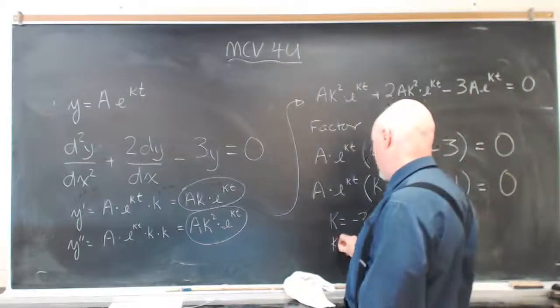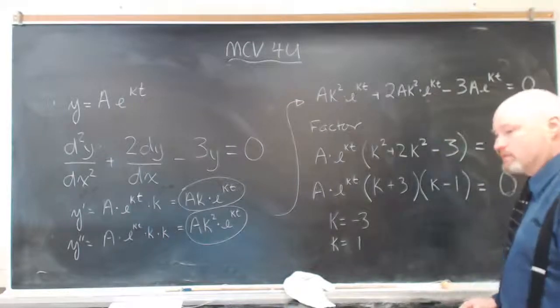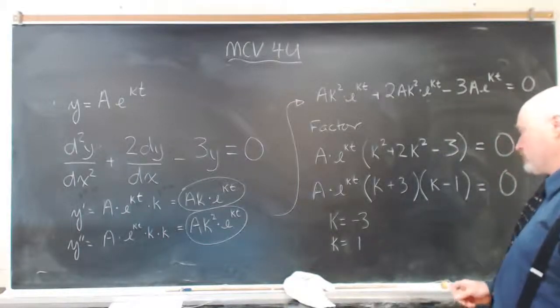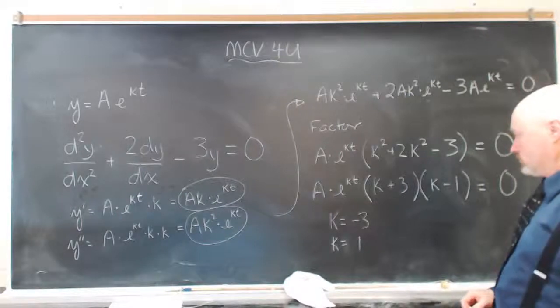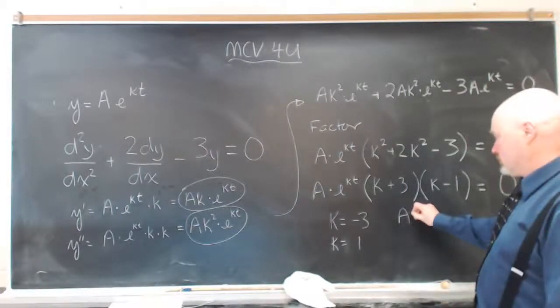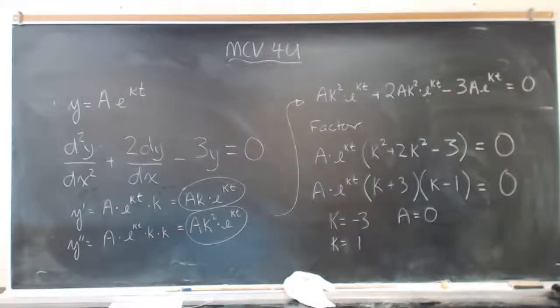And when k is equal to 1, and it actually asks for values of A that will make it 0 as well. So 0. Yeah. I was expecting to trip you up on that one because it's not a binomial factor.